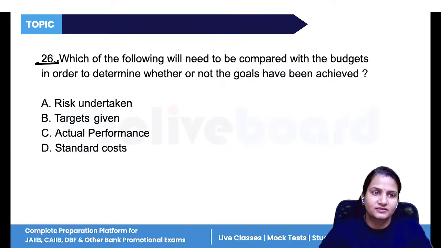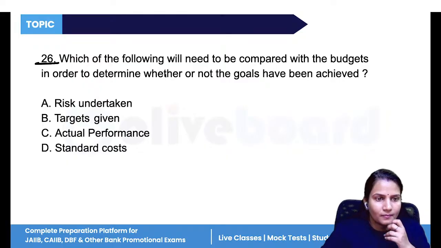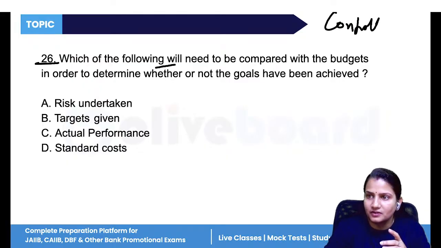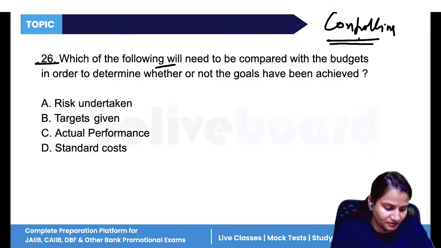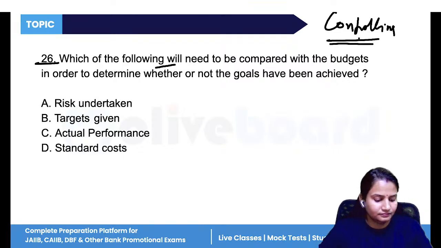Next, question number 26. Now the question starts off the controlling chapter. Five questions from the controlling chapter. Which of the following will need to be compared with the budgets in order to determine? So budget is what?